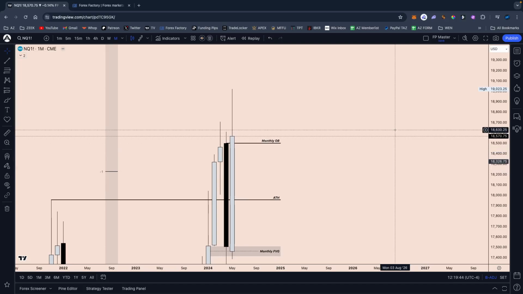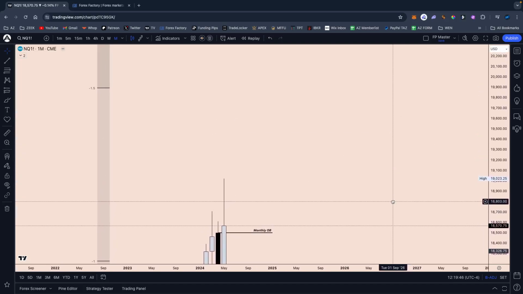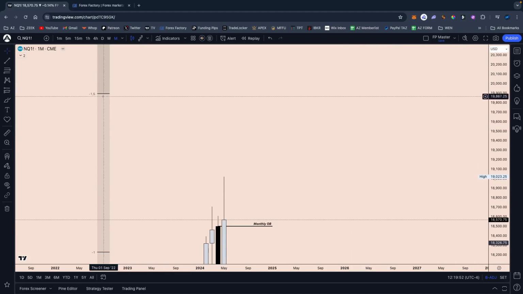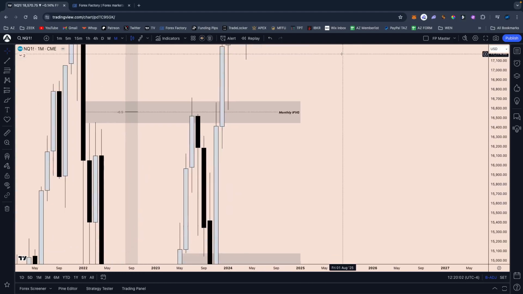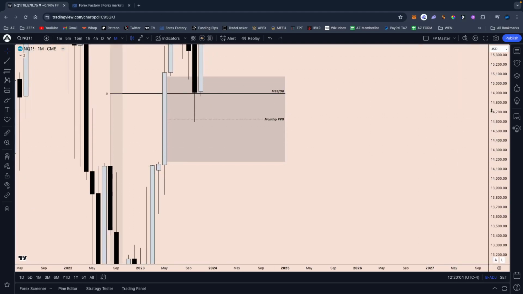And the next major 40 level would be 20K. Roughly lining up with that closest standard deviation target that we have after 1 standard deviation, and we go for 1.5 standard deviation of our final manipulation move.